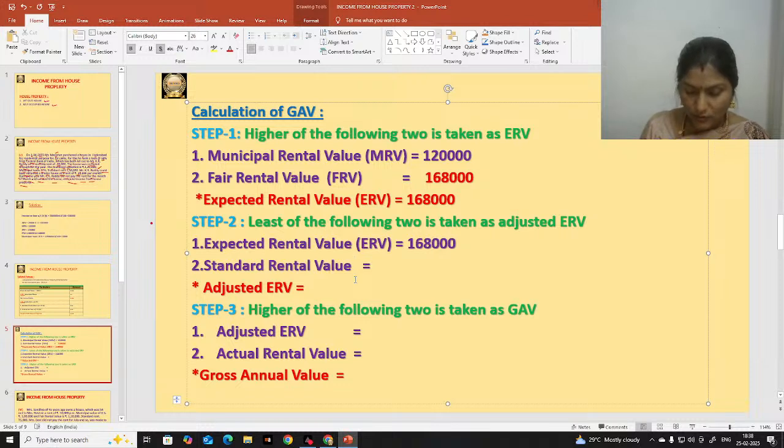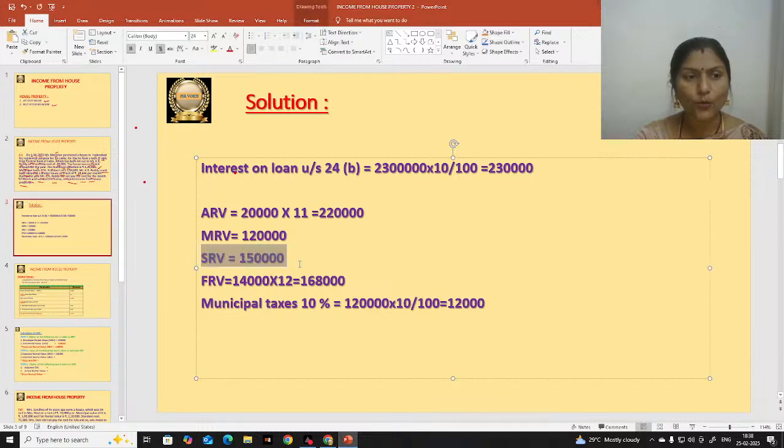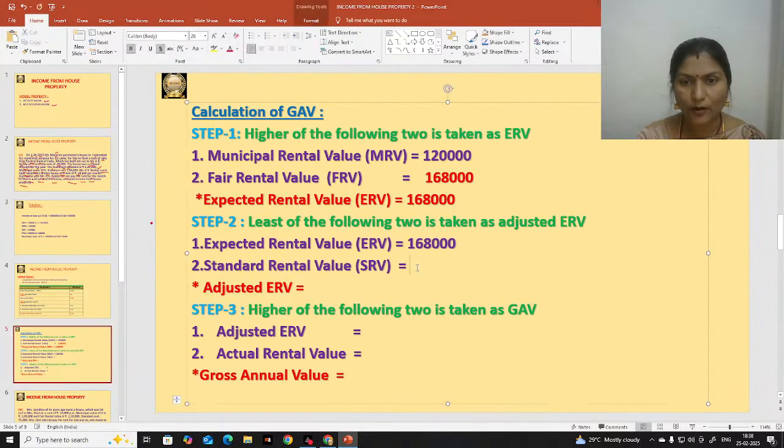SRV is the short form of standard rental value, and that is available in the question. You can see here, it is 1,50,000. So we take SRV 1,50,000 and record it here.